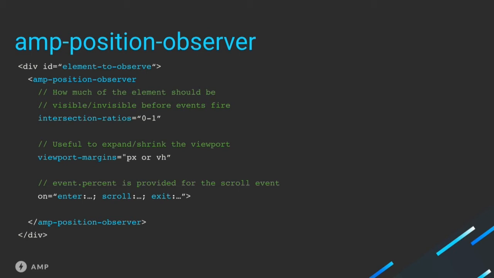You can only run other low trust actions. And the actions exposed by AMP animation component are also low trust. And a few actions exposed by our video players are also considered low trust. So you can run those. The API is fairly similar to the native intersection observer. And attributes such as intersection ratios and viewport margins can be used to change the behavior of these functional components.